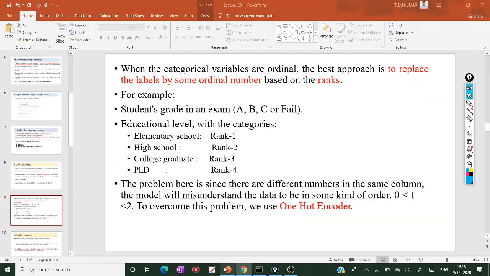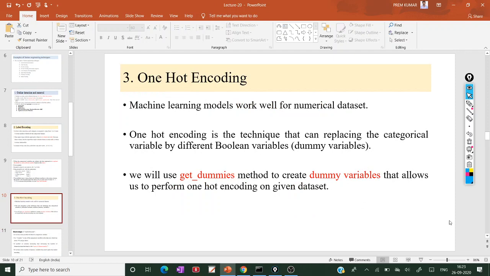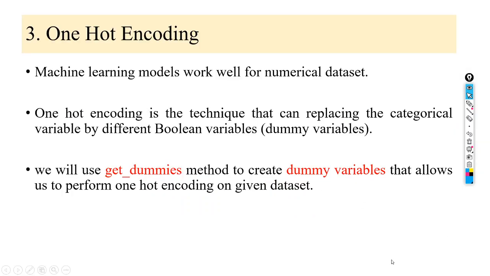Next, one hot encoding. So what is meant by one hot encoding? Machine learning models work well on numerical data sets. Yes, exactly. A machine learning model can work only on numerical data, not on categorical. That's why we have to convert the categorical to numerical.